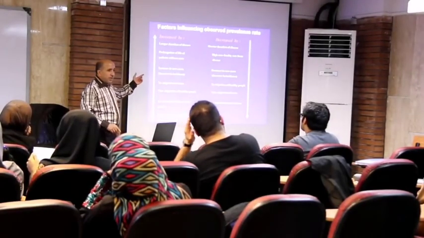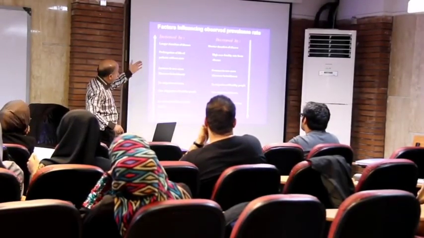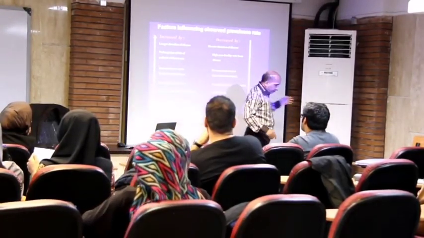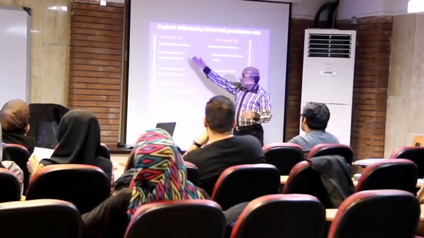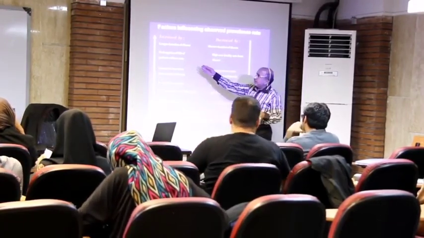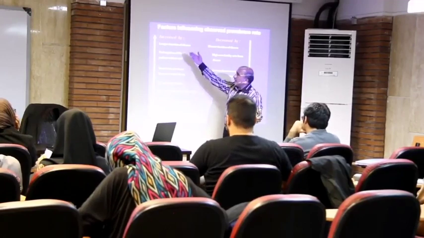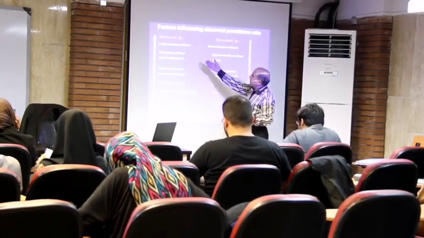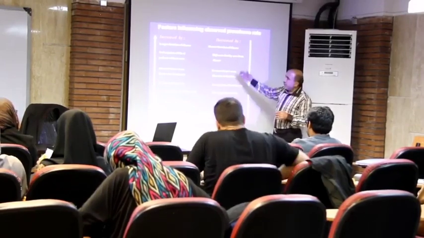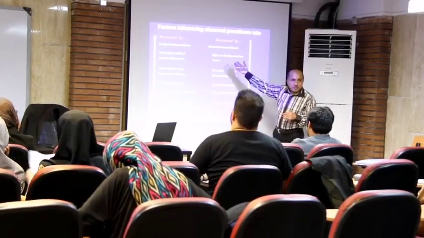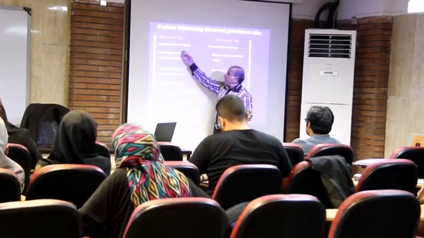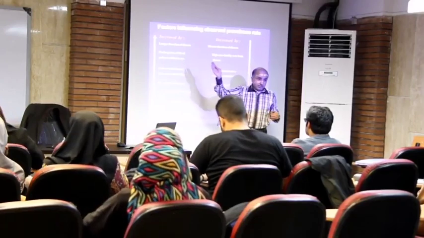So here we have factors influencing the observed prevalence rate. In the first column, we have variables that can increase the prevalence, and in the second column, variables that can decrease it. For example, a longer duration of disease.